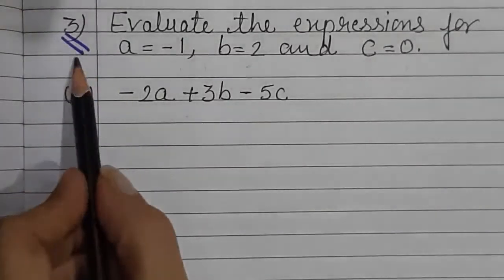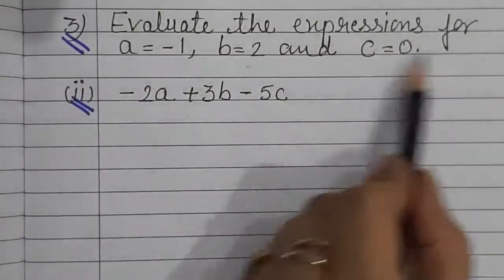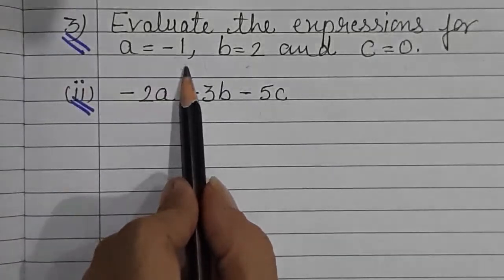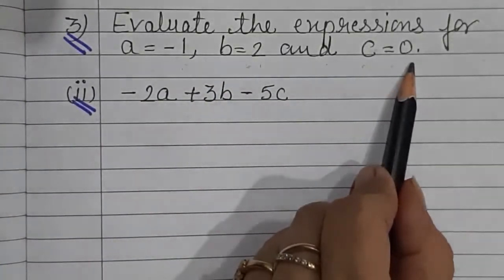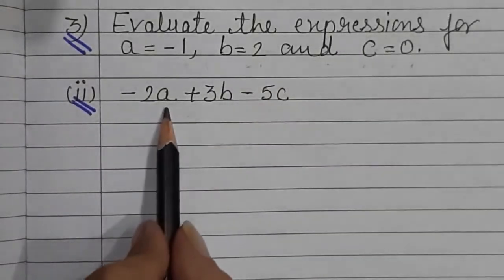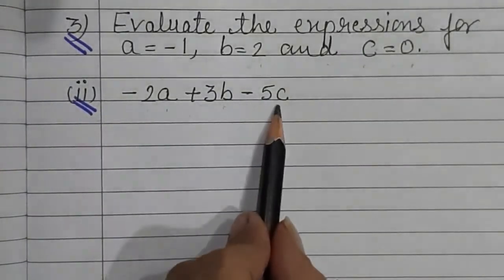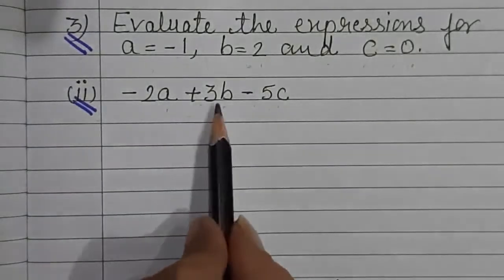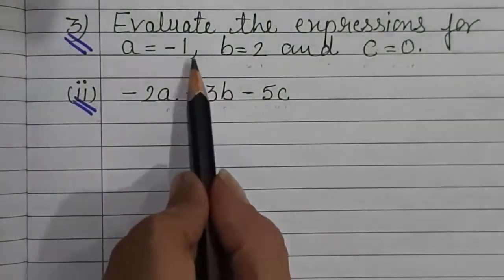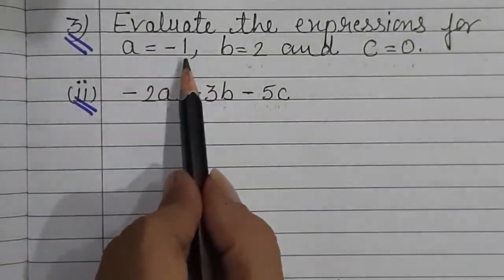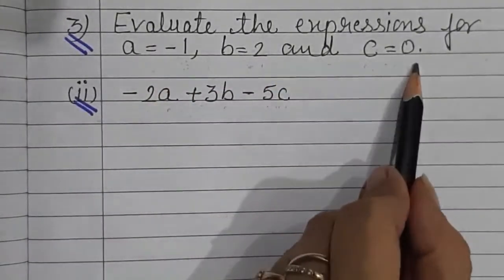Now sum number 3, evaluate the expressions for a is equal to minus 1, b is equal to 2 and c is equal to 0. Second part, minus 2a plus 3b minus 5c. Here you can see 3 variables are there, a, b, c, and their values are given, a as minus 1, b as 2 and c as 0.